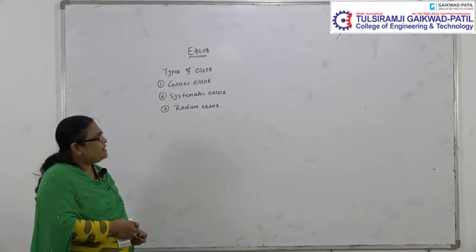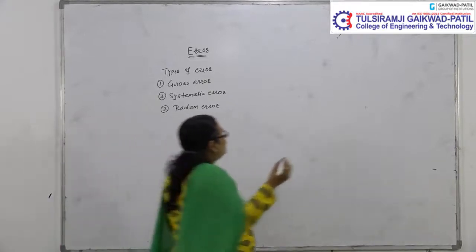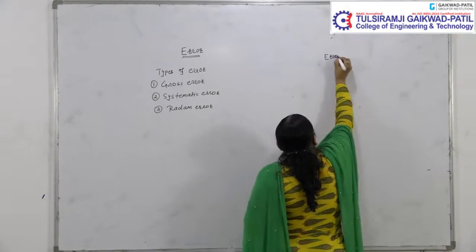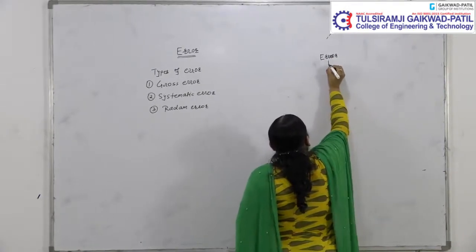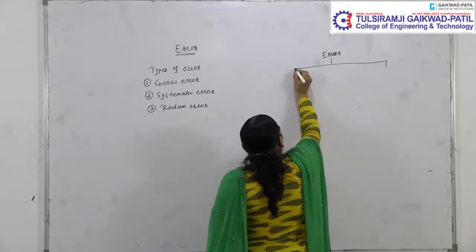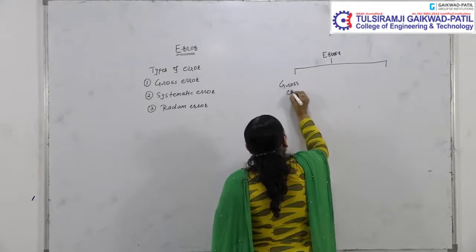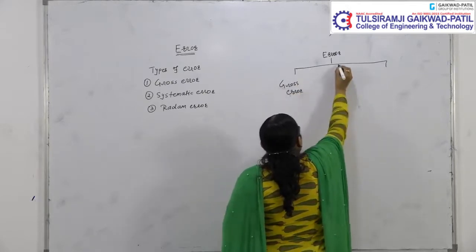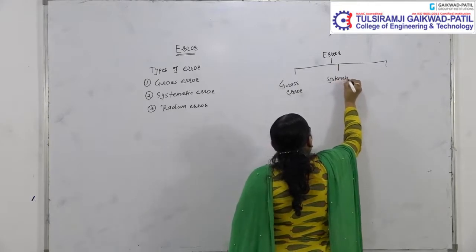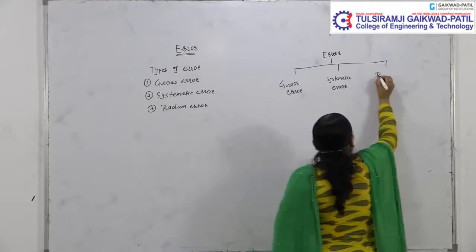We have a bifurcation or division of error, that is, error can be divided into 3 groups, that is gross error, systematic error and random error.